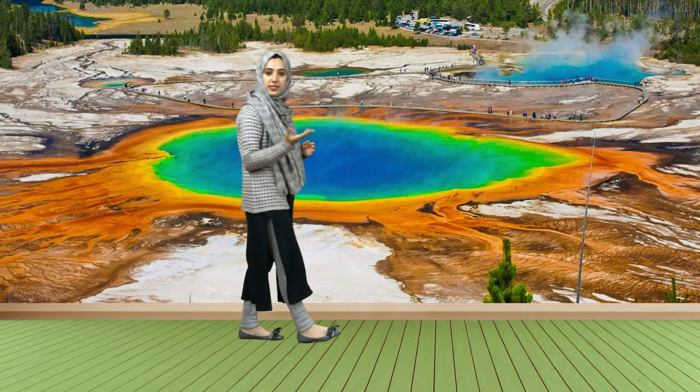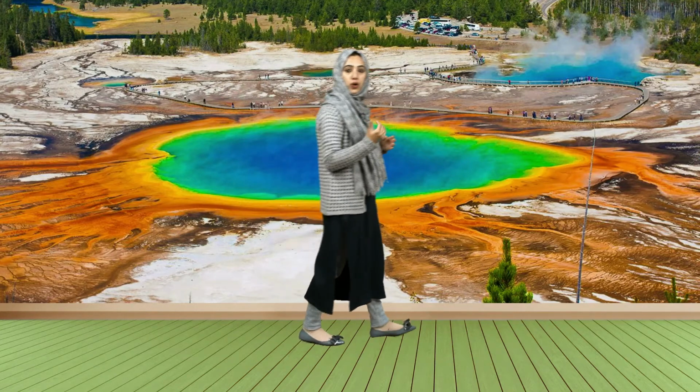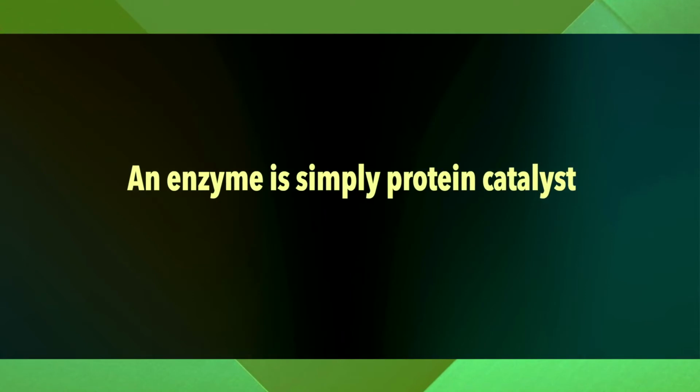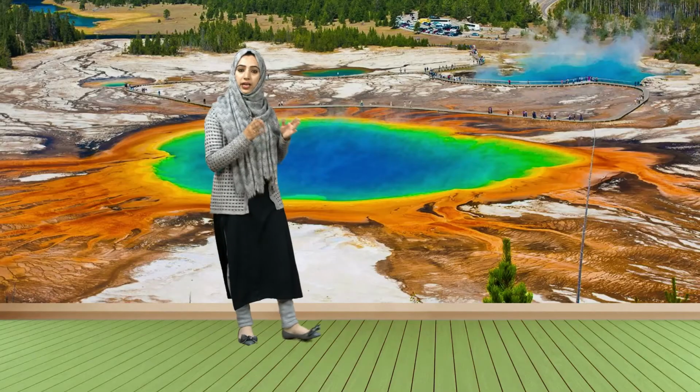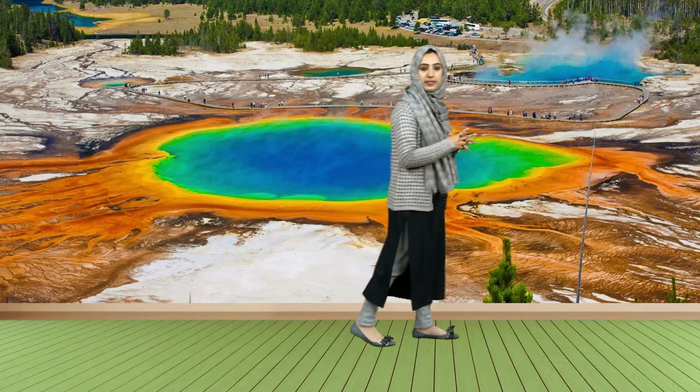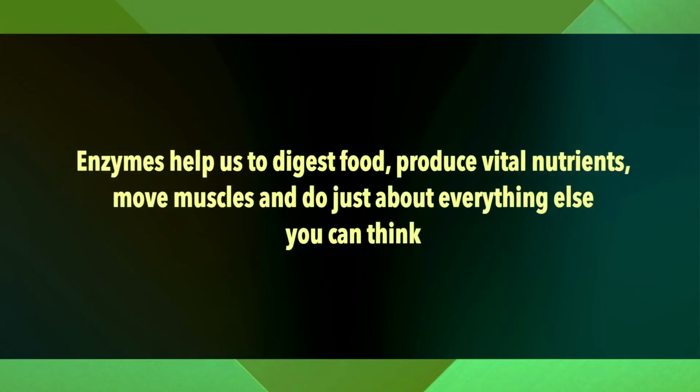These natural substances can be one or more enzymes or cells. An enzyme is simply a protein catalyst. Every reaction in any living organism proceeds in the presence of enzymes. Enzymes help us to digest food, produce vital nutrients, move muscles, and do just about everything else you can think of.